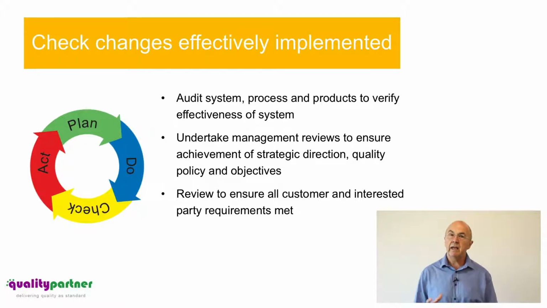And this is one of the key functions of management review, to make sure that we have implemented a robust system to meet the change requirements and that it is delivering effectiveness and efficiency. We also need to make sure that we continue to meet all customer requirements, and this will also include a review of any relevant customer scorecards, and that we're meeting the requirements of relevant interested parties.